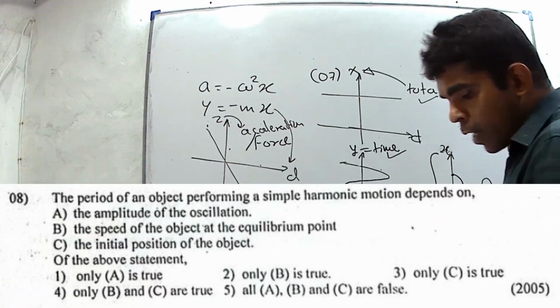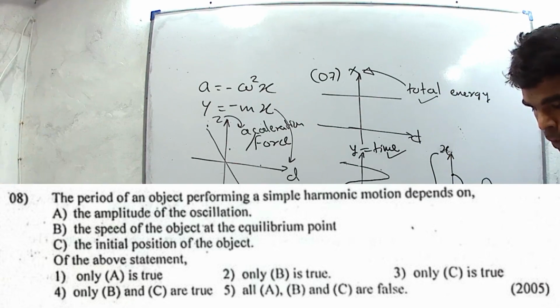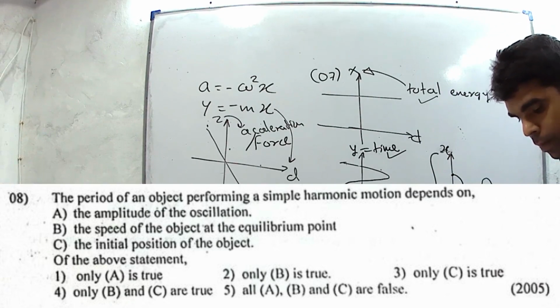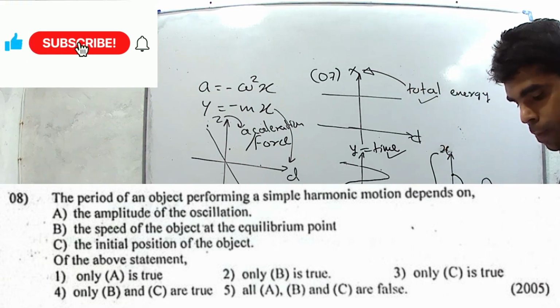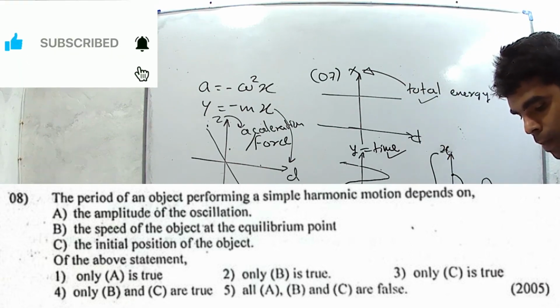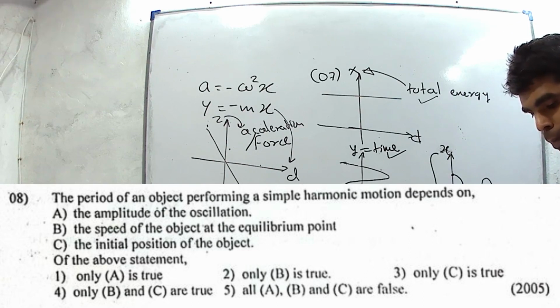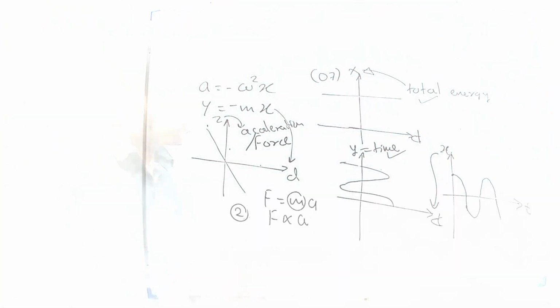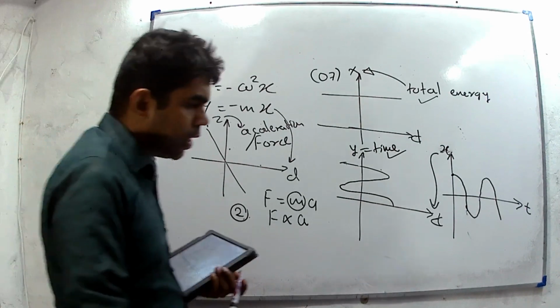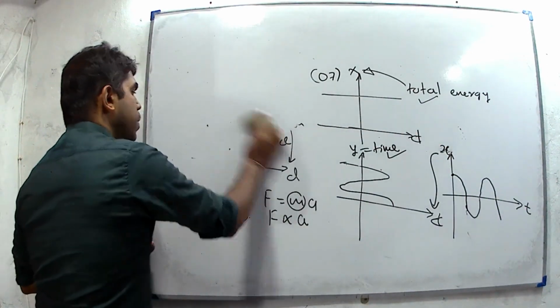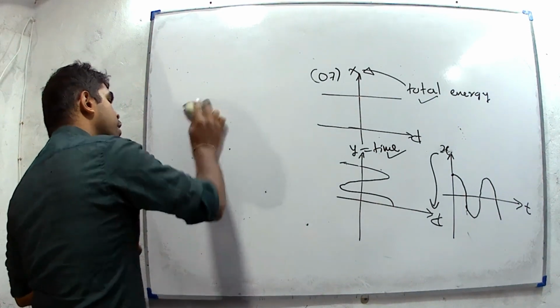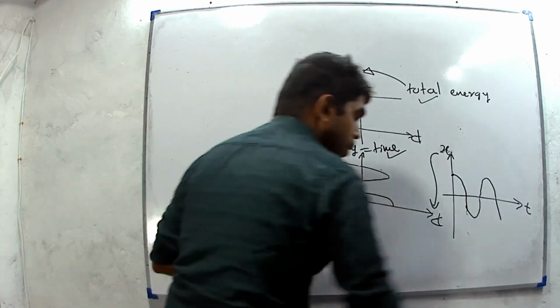The period of an object performing simple harmonic motion depends on: a, amplitude of oscillation, b, the speed of the object at the equilibrium point, c, the initial position of the object. Of the above statements, we have to select the correct statement. I will explain it by using a simple pendulum, because we know the equation for the period of a simple pendulum.